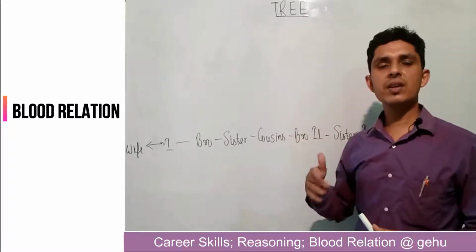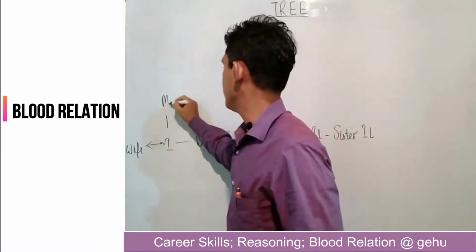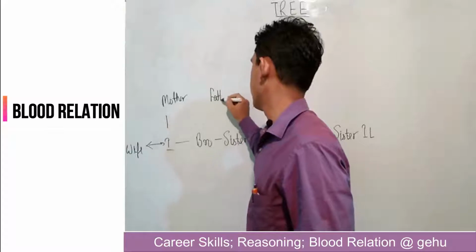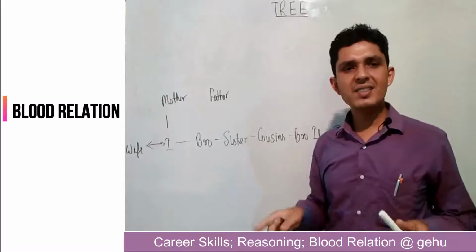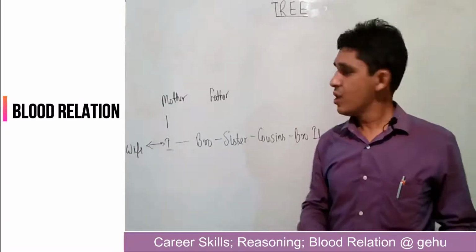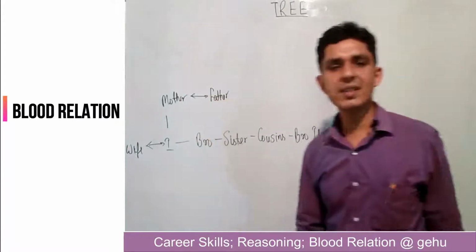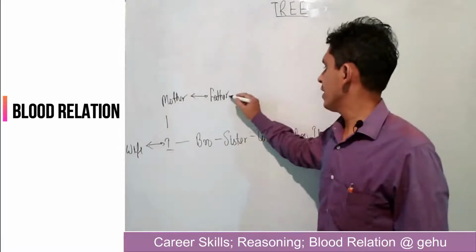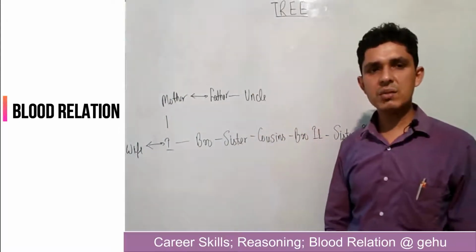Okay, if I come one generation above, what can be the people? This can be mother, father. And when I draw I and my wife with a double sided arrow, because that was a couple, I would have to make mother and father with a double sided arrow, because that is also a couple. Okay, if I draw uncle, I can draw with a single line, because that is not a couple.